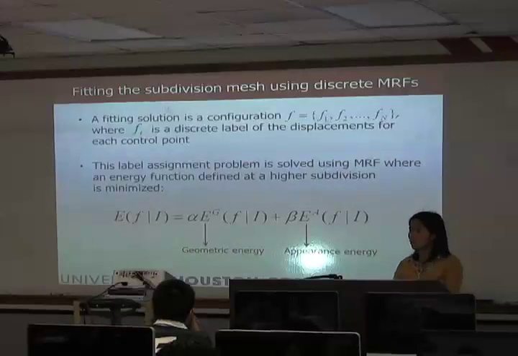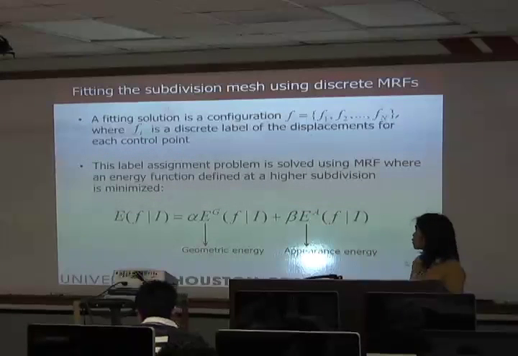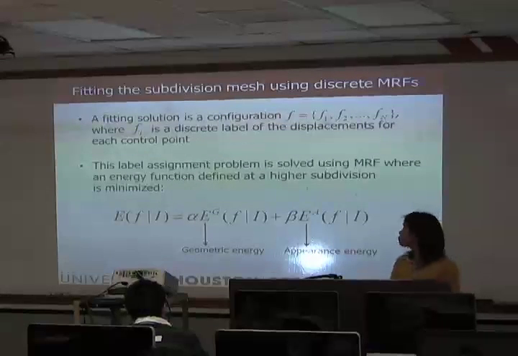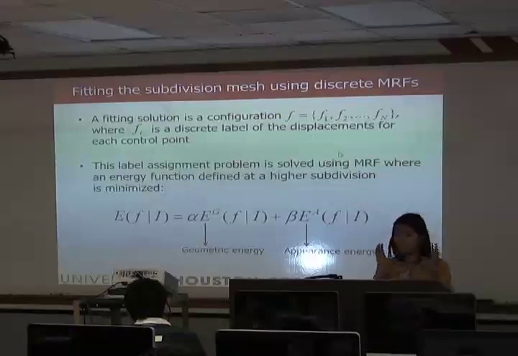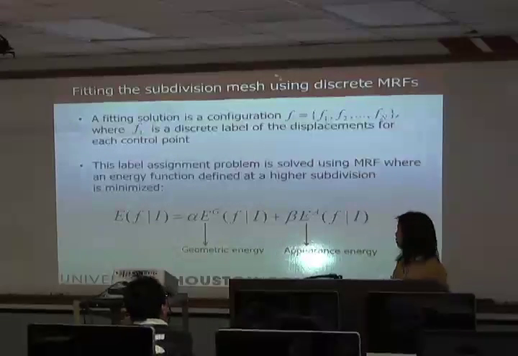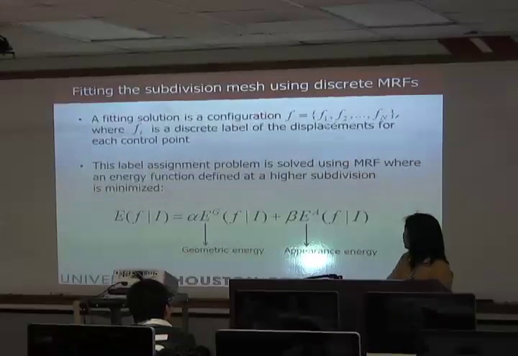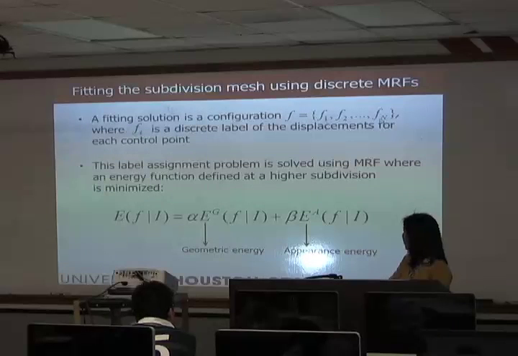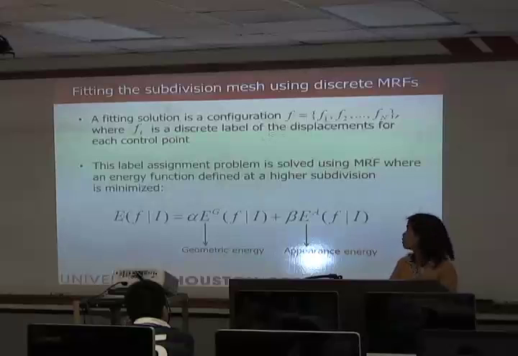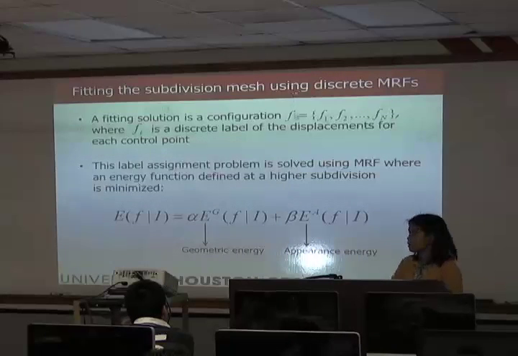And in our formulation, a fitting solution is a configuration of a set of displacement labels f, one for each quantum point: f1 to fn, where each fi is the displacement label for quantum point i.